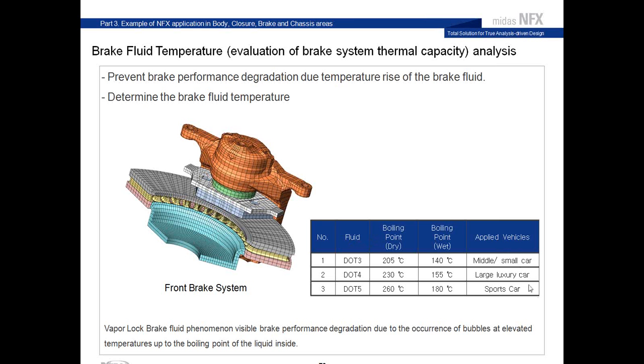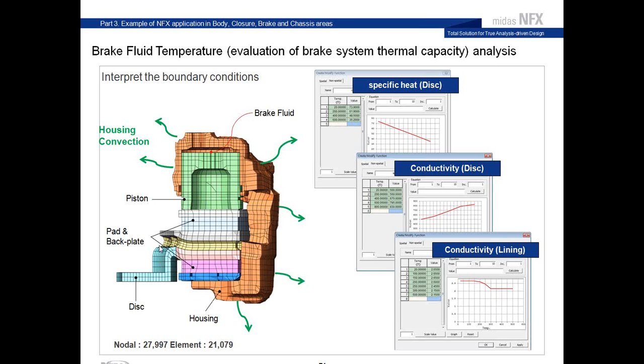So you have some differences between middle small cars, large luxury cars and sports cars, with different boiling points and at a dry state or wet state. So all that has been considered in order to see a difference.